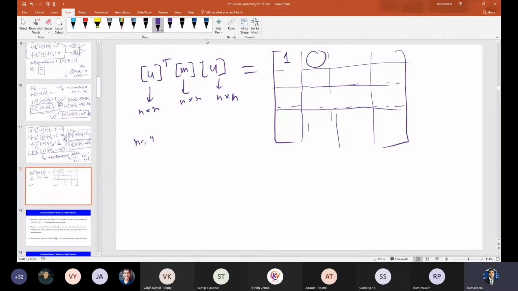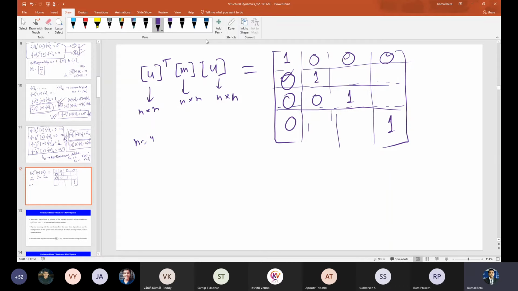What is this entry? That will be 0. What is this entry? That will be 0. What is this entry? That will also be 0. What about the diagonal? Yes, all diagonal entries will be 1.